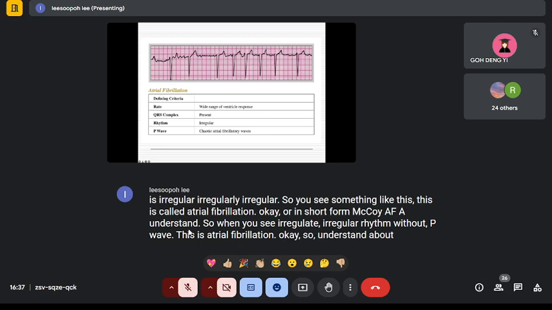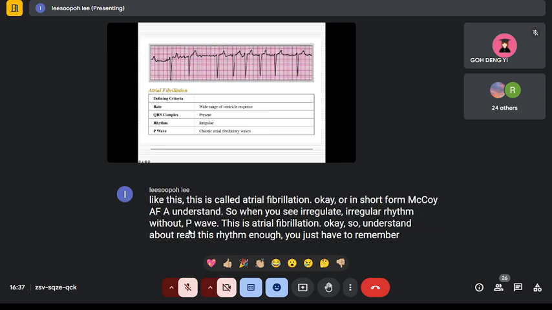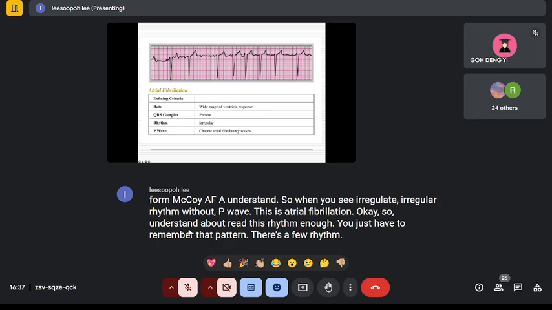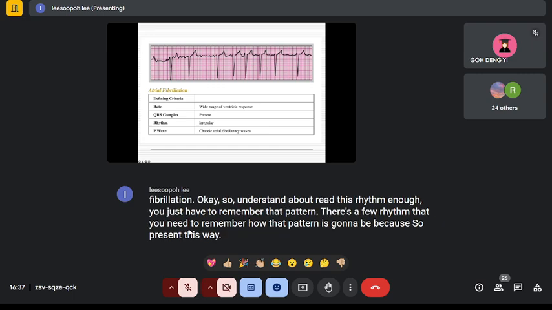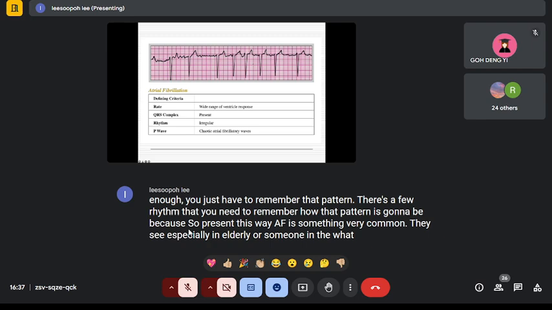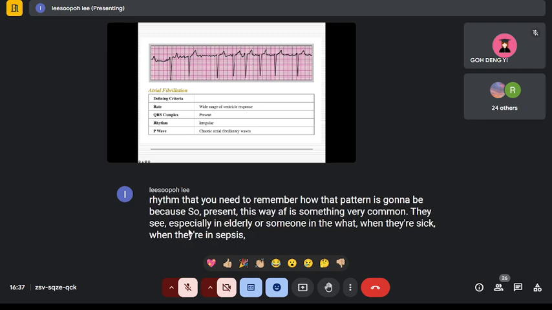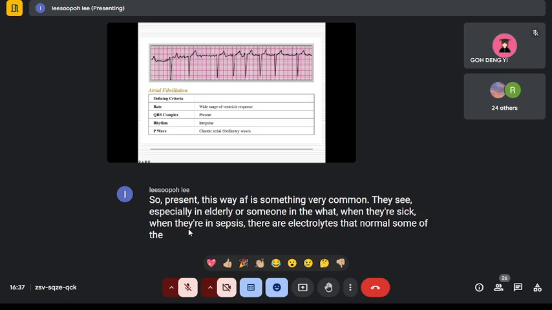Okay, so understand about this rhythm or not? You just have to remember the pattern. There's a few rhythms that you need to remember how their pattern is going to be because they will present this way. AF is something very common that you see, especially in elderly or someone in the ward when they are sick, when they are in sepsis, their electrolytes abnormal, some of the hormones abnormal, they will make their heart beats abnormal.